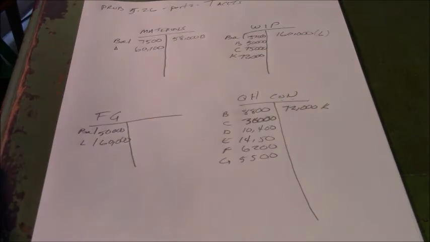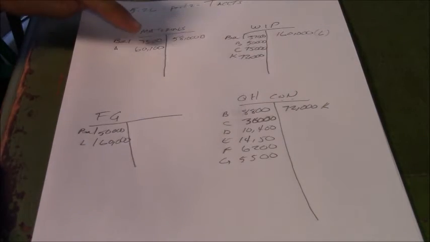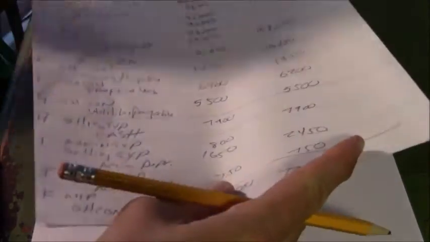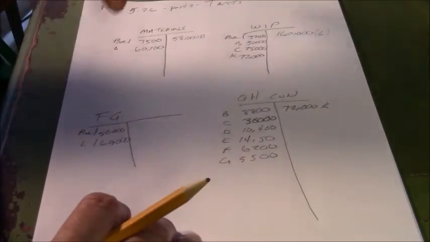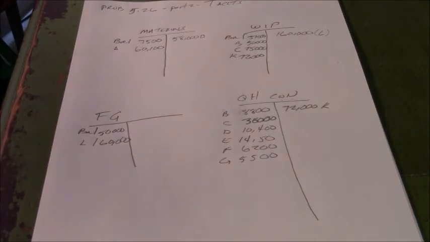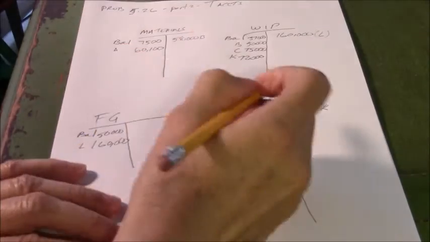Alright, and that was transaction L. So now we've posted all of these journal entries to our ledger, which is taking the form of T accounts.